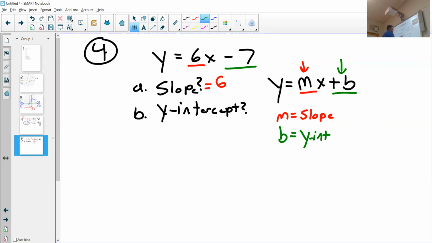So b over here is -7. It's that straightforward when it's written like this. We're done. We found the slope and we found the y-intercept. It was right in front of our eyes. Any questions on that?